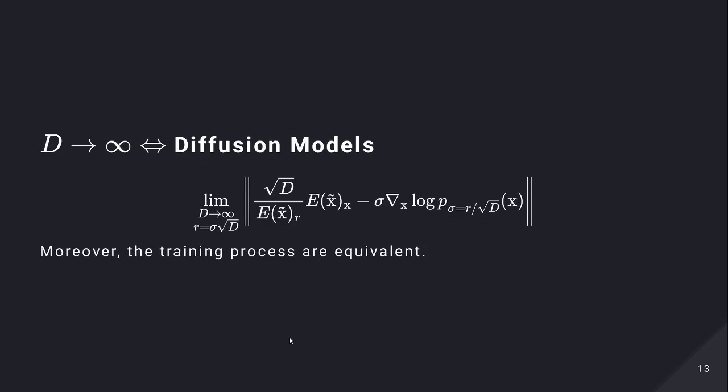Okay, so I can move on to the main properties. The first really nice property is that as you increase the d parameter, which is your dimension, and it goes to infinity, you actually recover diffusion models.